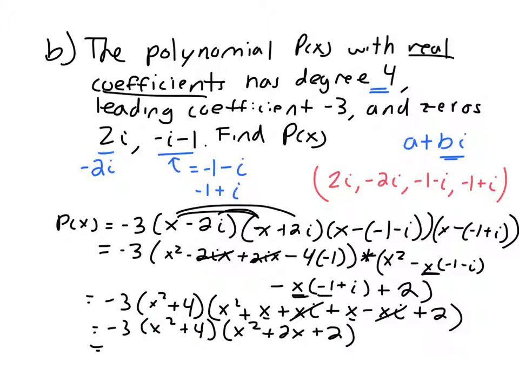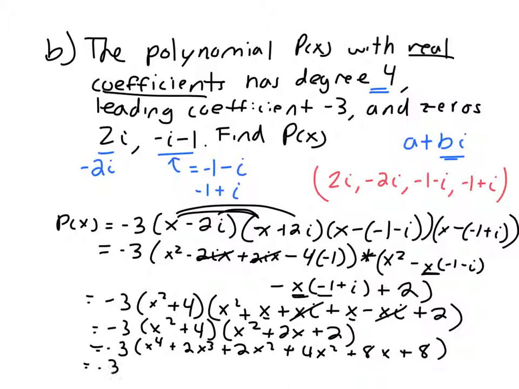Okay, so now I just need to multiply this by this. So to do that, I'm going to multiply everything by x squared. So I'll have x to the 4th plus 2x to the 3rd plus 2x squared. Multiply everything by 4. So plus 4x squared plus 8x plus 8.